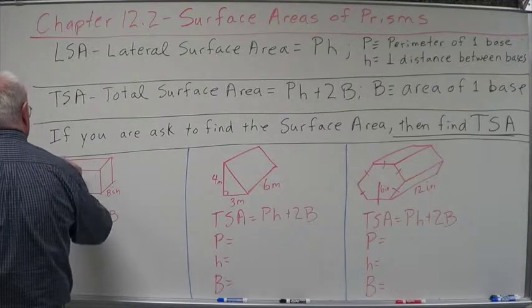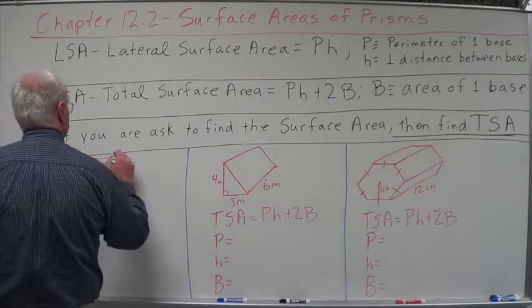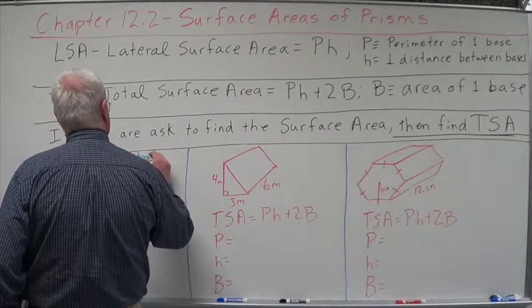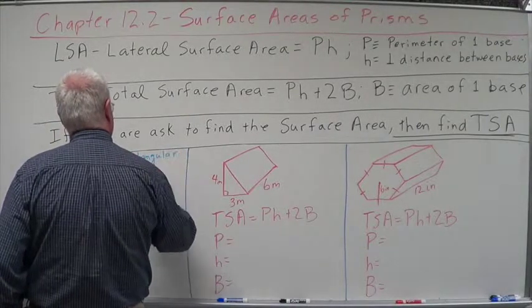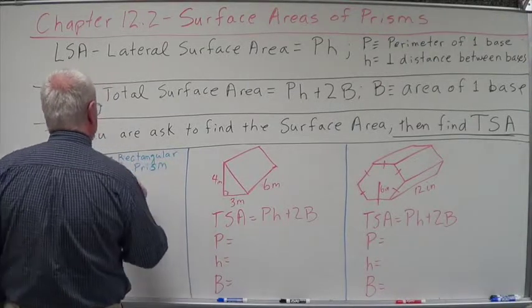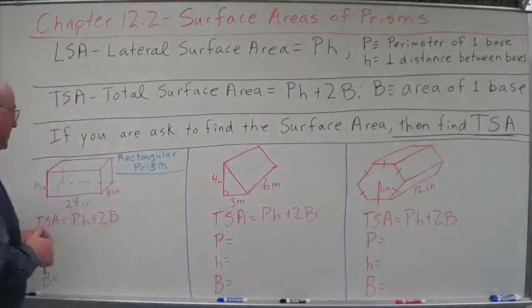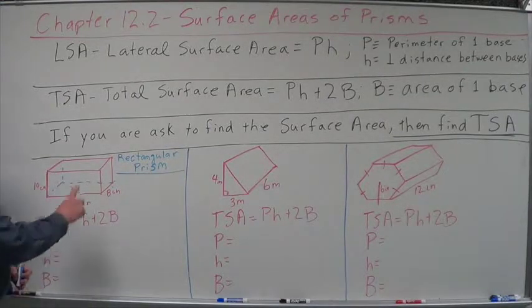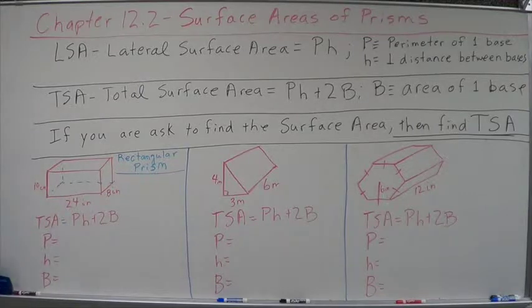Let's draw in our hidden lines. That rectangular prism, just like the one we had before, has 3 different lengths.